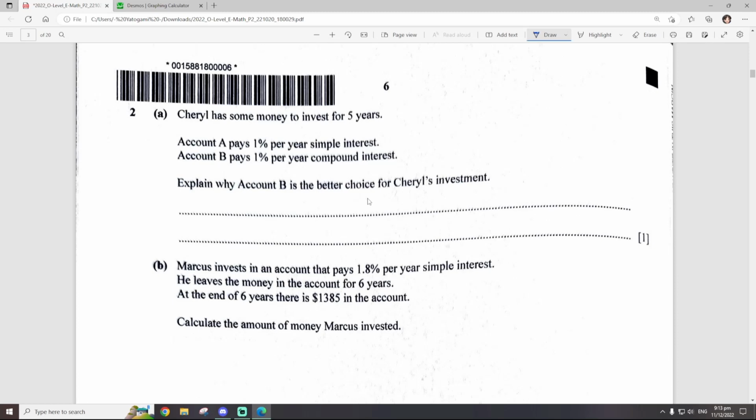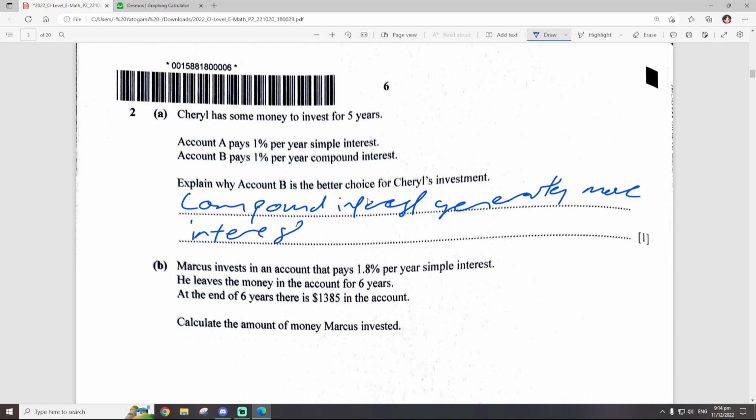Well, it's because compound interest generates more interest over time than simple interest. It sounds like a very weird or trivial thing to ask, but it's actually a thing.